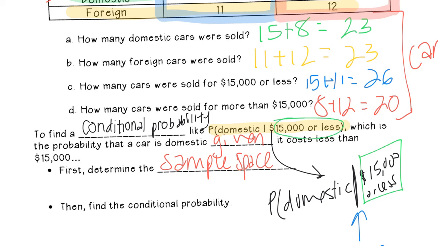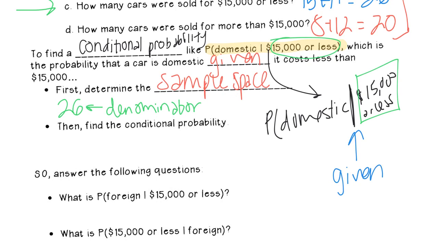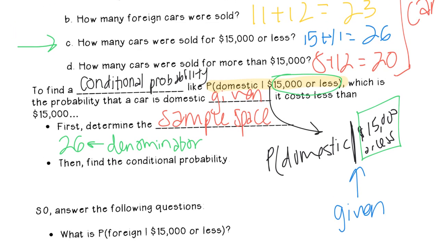So if I look up here, $15,000 or less is letter C. So my sample space for this case is going to be 26. And that's going to be my denominator.